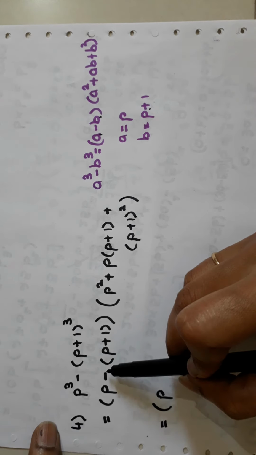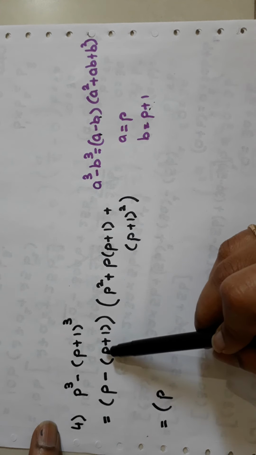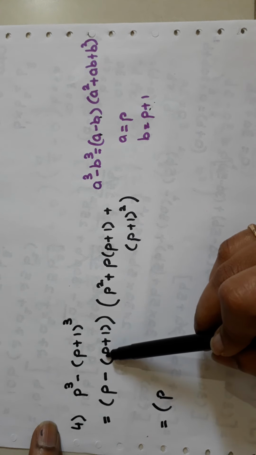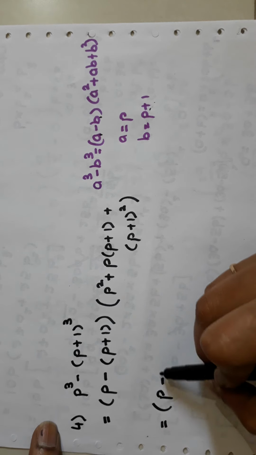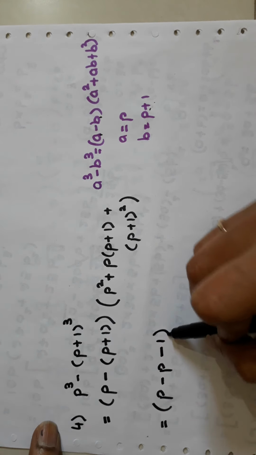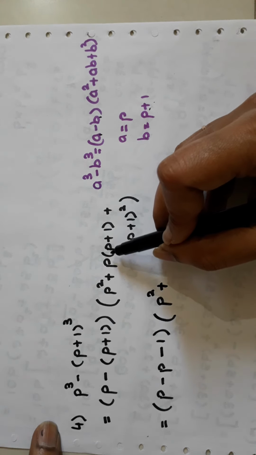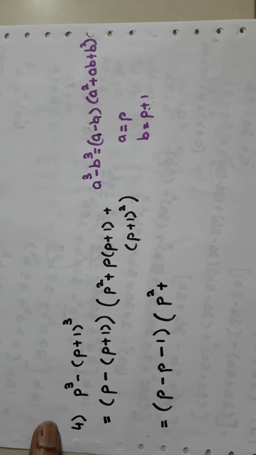Then p, take minus inside the bracket. Now when you take minus inside the bracket, the sign of both terms will change. Here it is plus p, so it will become minus p. Here it is plus 1, so it will become minus 1. p square plus, now here p into (p plus 1).